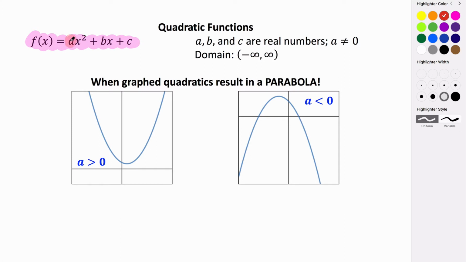The value of a is what's going to determine whether our parabola is going to open up or down. If a is positive, then our graph is going to open up. It's going to basically be an upward facing curve. And if a is negative, it's going to open down. So our parabola will open down.